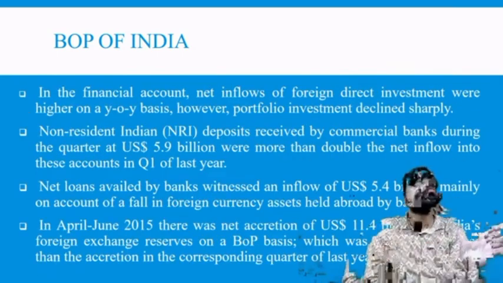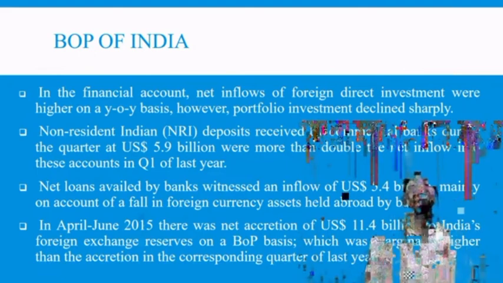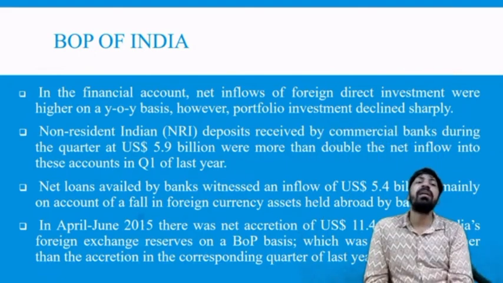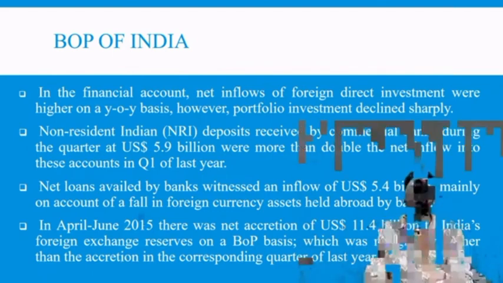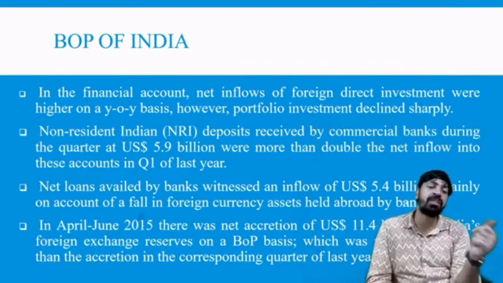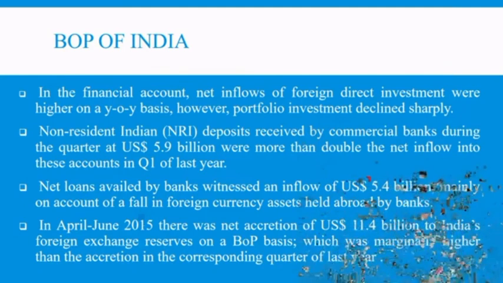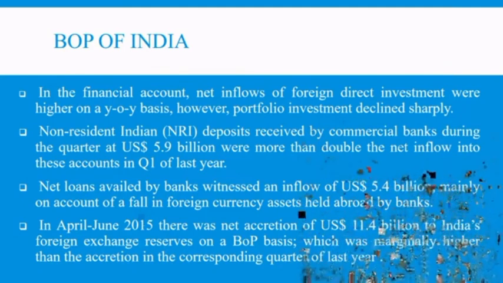So this is the portfolio of the balance of payments in India. Non-resident deposits have increased by 5.9 billion compared to last year. Net loans have also come in as an inflow of 5.4 billion, which means the loans have been recovered.